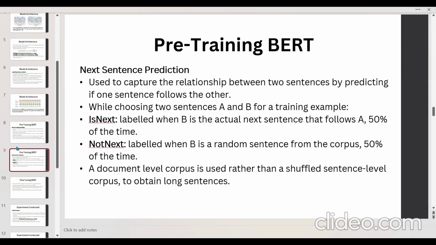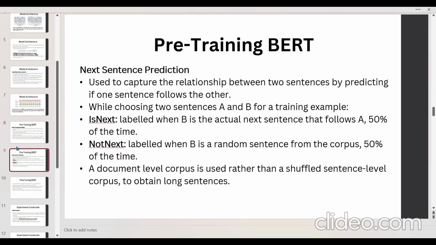The other pre-training task used in BERT is next sentence prediction. This is used to capture the relationship between two sentences by predicting if one sentence follows the other. This task can be generated from any monolingual corpus. While choosing the sentences A and B for each pre-training example, 50% of the time, sentence B is the actual next sentence that follows A, and this is labeled as is next.